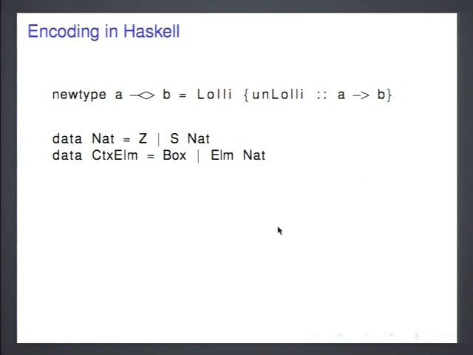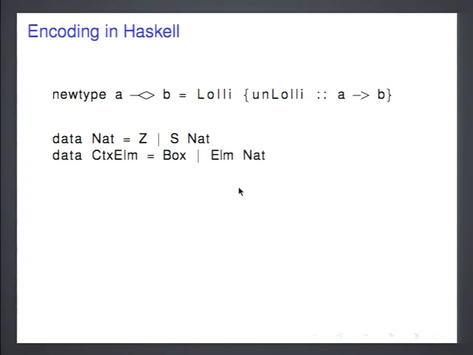And then, because I'm going to need a representation of the linear context, I don't need the actual variables, I just need to know the identities of variables so I can check whether or not they've been used. And in order to get at the identities of variables, I'm just going to use nats. So I'm going to have a nat data type, and then I'm going to have a context, which is either a box or an element.